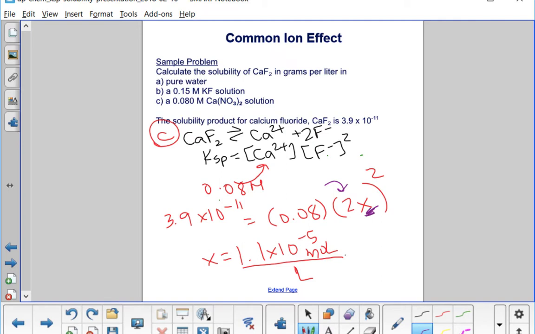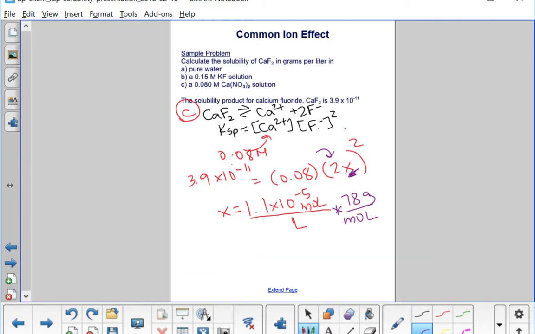So I've already taken care of that. And so now I just need to multiply by 78 grams per mole, molar mass of the calcium fluoride, to get my solubility in grams per liter. And I get 8.6 times 10 to the minus 4 grams per liter.